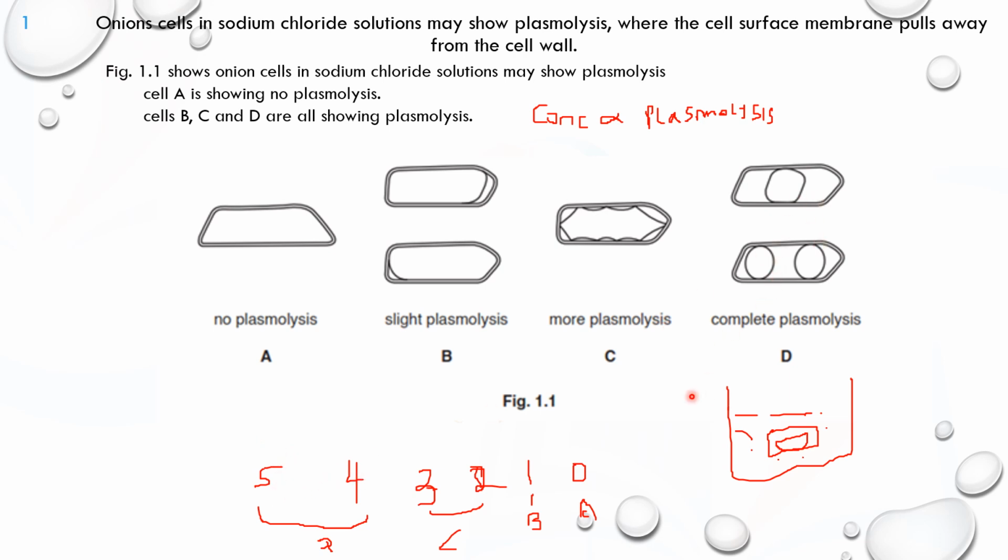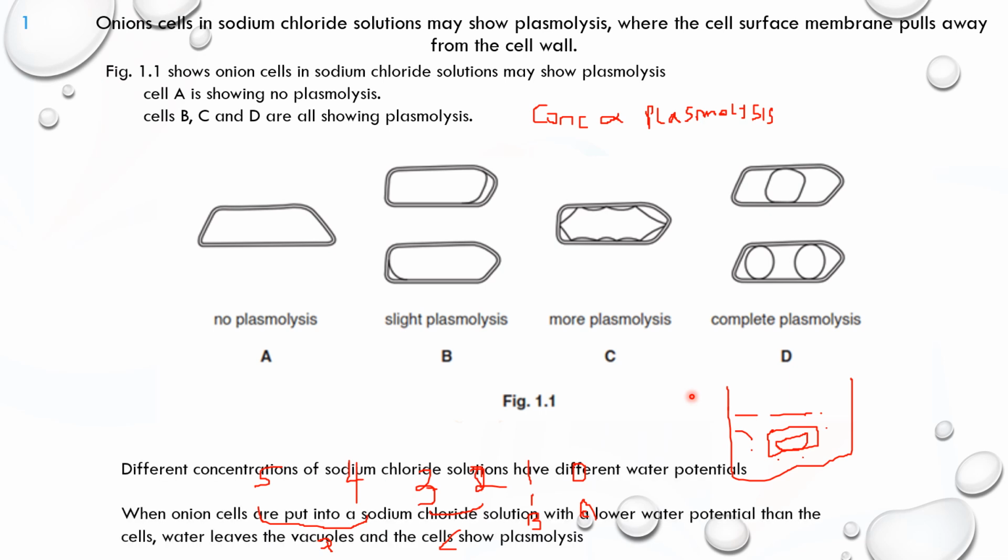Right, let's go to the next part of this. Now look at the next question, because we're following the instruction. Different concentrations of sodium chloride solutions have different water potential. That sentence is very important.